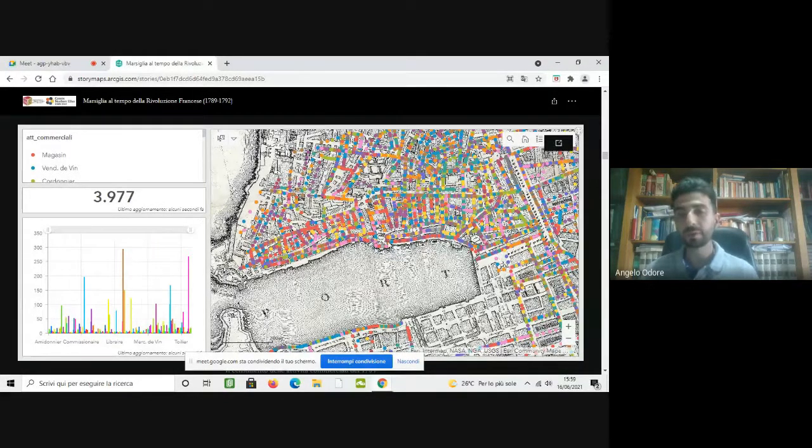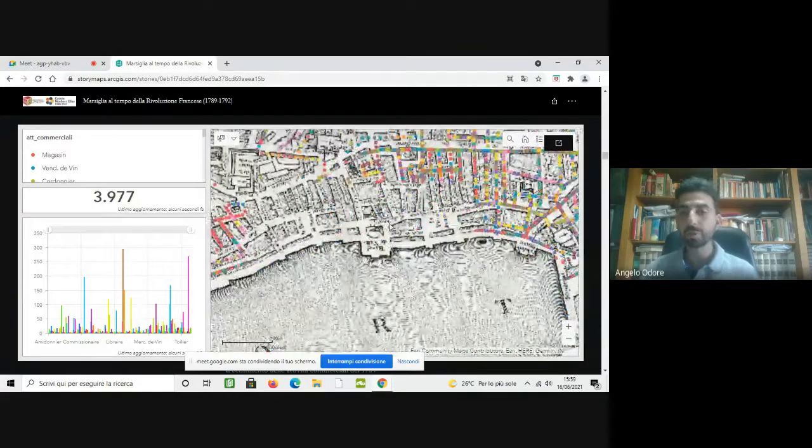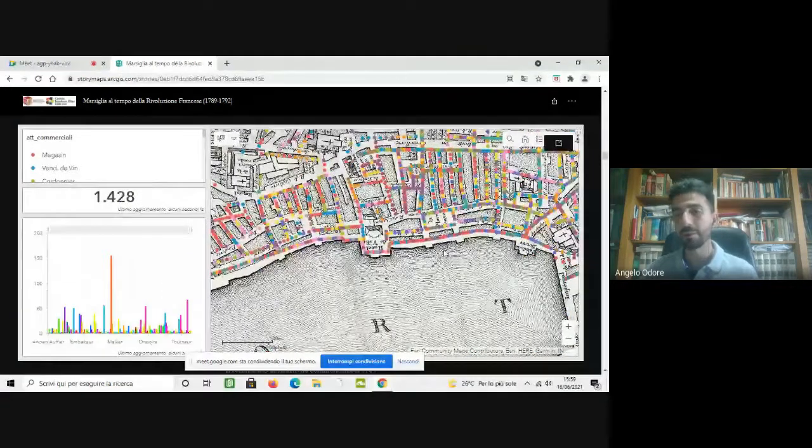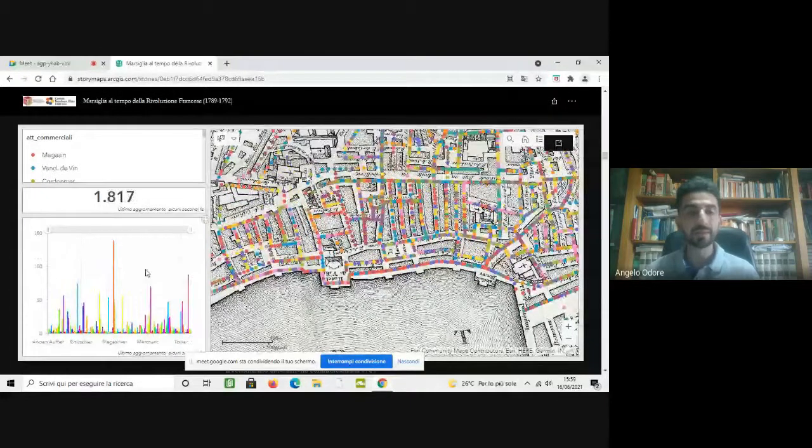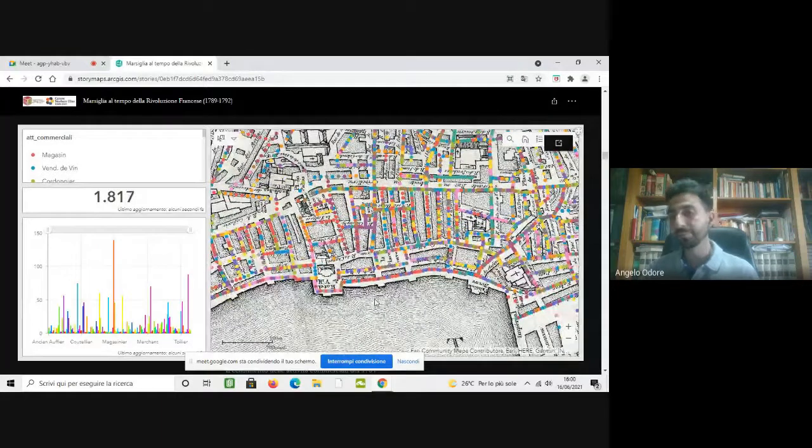Why is the dashboard very important? The dashboard is very important for all historians, in this case for economic historians, who are interested in studying, for example, the economic situation in Marseille during the French Revolution.